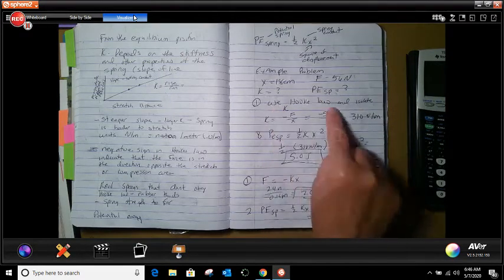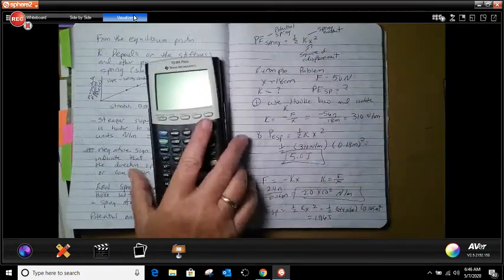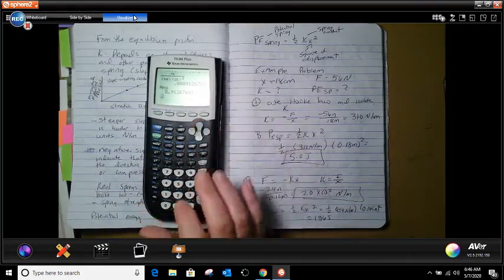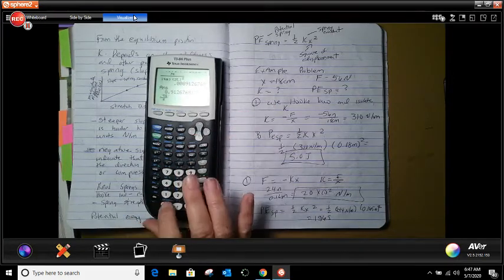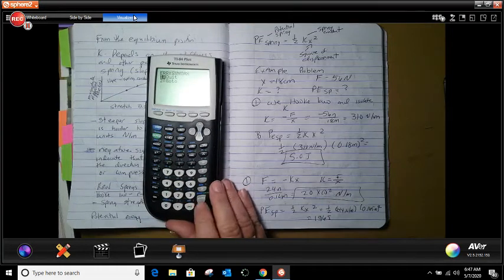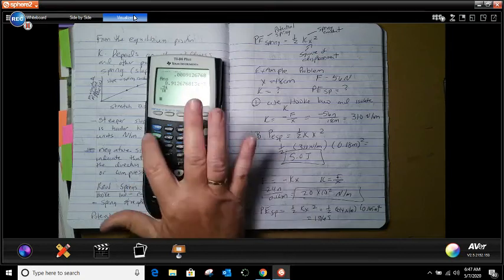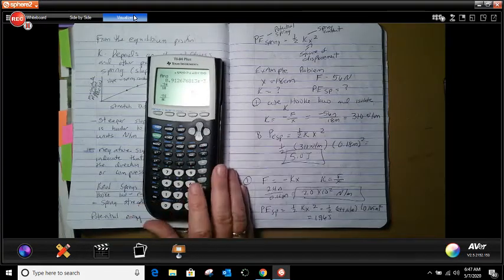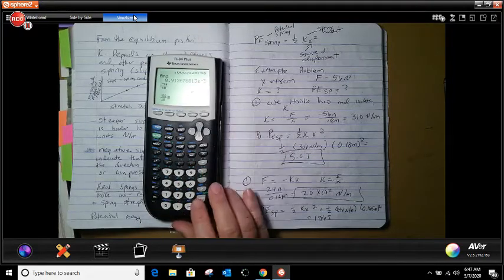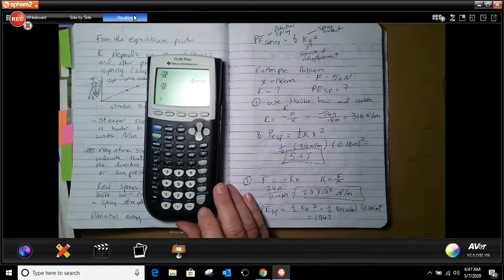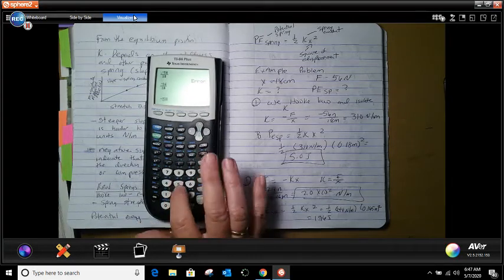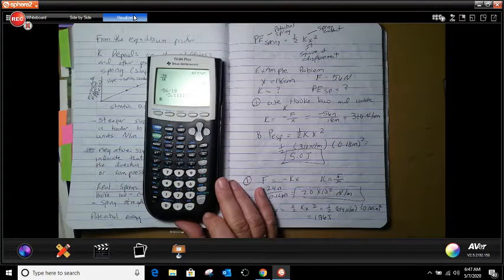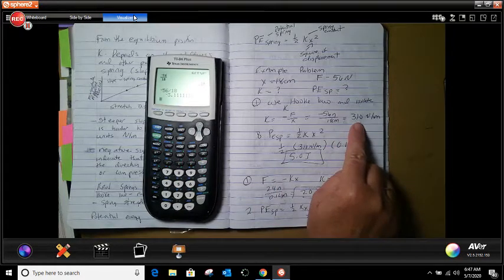The first thing we want to do is use Hooke's law to isolate K. So we take negative 56 divided by 18 centimeters, in meters. If I do it in linear mode instead of the alpha y equals entry, I get negative 311.